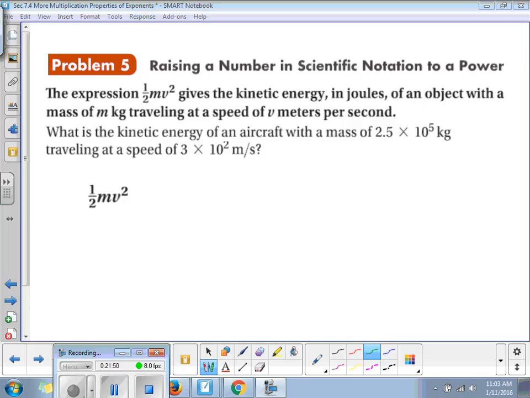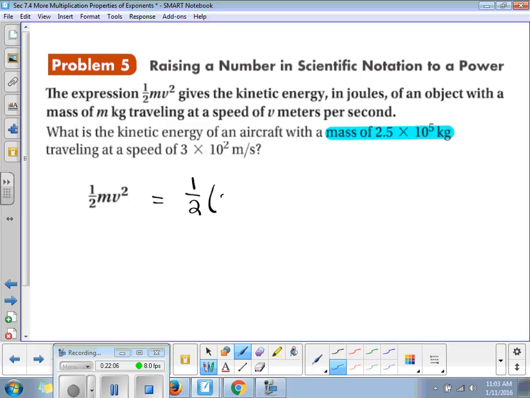All right, so we substitute the mass right there, there's our mass, in there for m. So we have 1/2 times 2.5 times 10 to the 5th times, now we're going to substitute the velocity, which is right there, meters per second.